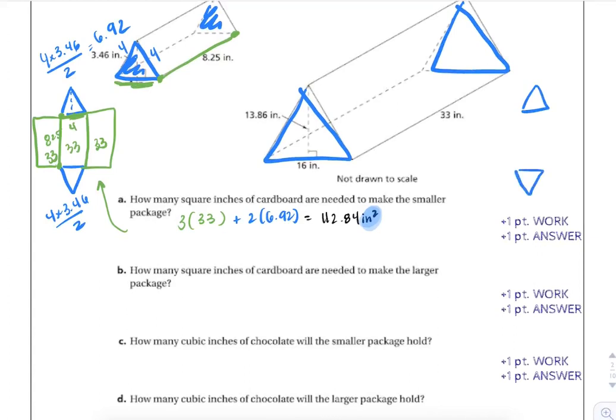Those two triangles are 16 by 13.86, and if we connect them, they are 33 inches apart.